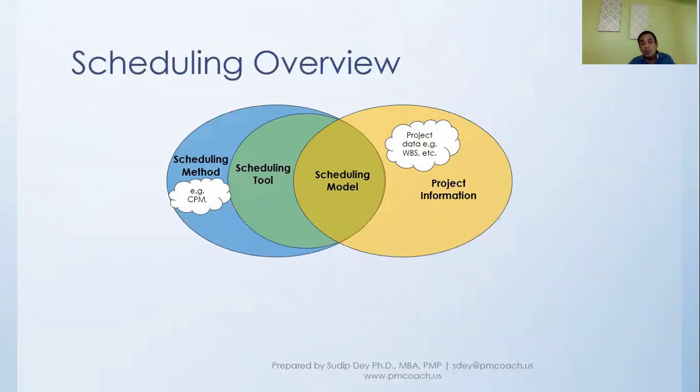So we take all this project information, put it in the tool, and based on the scheduling method we have decided upon, this is what is going to give us the scheduling model. And this particular scheduling model will give us the project schedule. That is what we're going to take forward when executing the project.